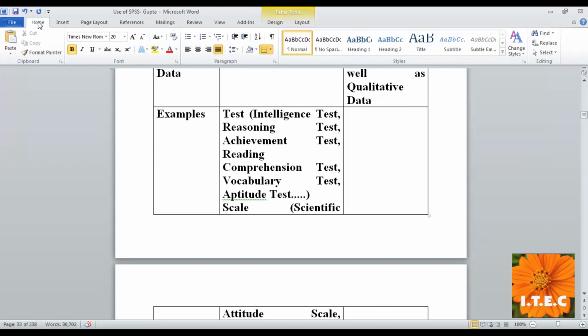I've not got any answer from your side. Okay, let me tell you. Okay, one answer has come. Let us see what is that. Okay, Krishna. I'm sorry, Mamta, sorry.